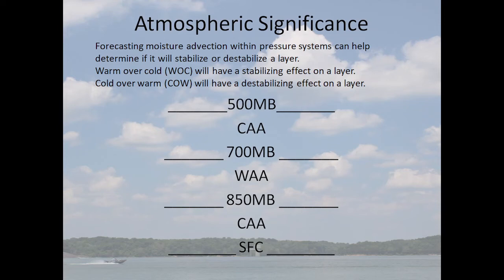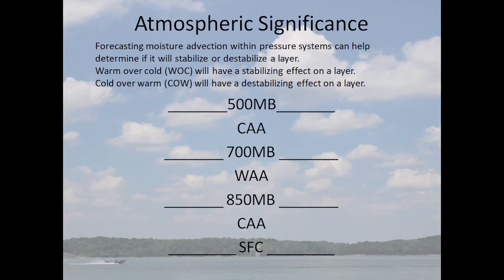So cold air wants to sink, warm air wants to rise. So when you have cold air over warm air, then you just have a lot of mixture going on. Unstable environment. So at the 500 millibar level to the 700 millibar level, if you have cold air advection, and then 700 to 850 you have warm air advection, you have cold over warm, so you have an unstable layer from 500 to 700 all the way down to 850.